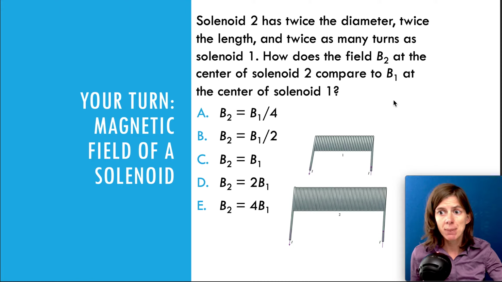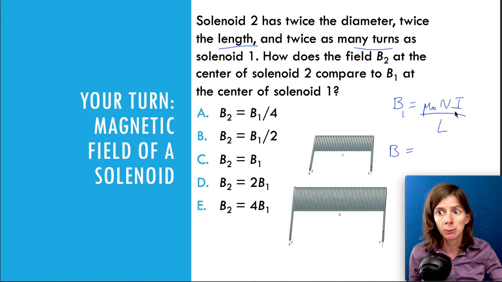The first step is to write down the equation for the field inside a solenoid: B equals mu N I over L. Now let's see what variables we're changing. We are changing the diameter, but the diameter doesn't matter. We're changing the length, and we're changing the number of turns.